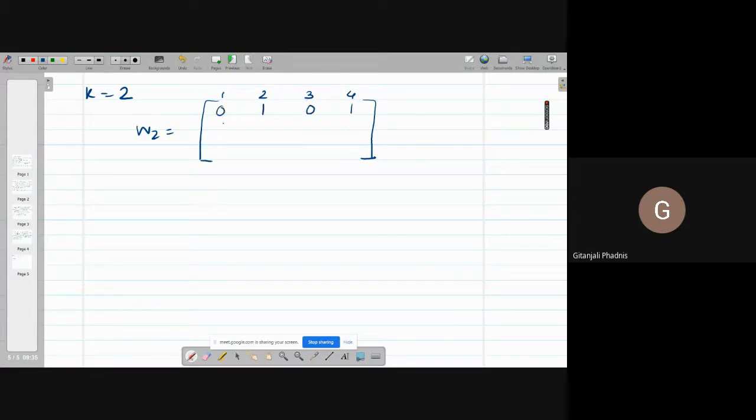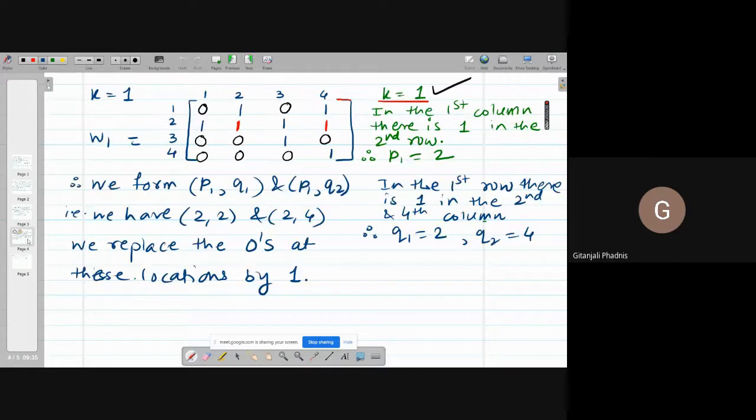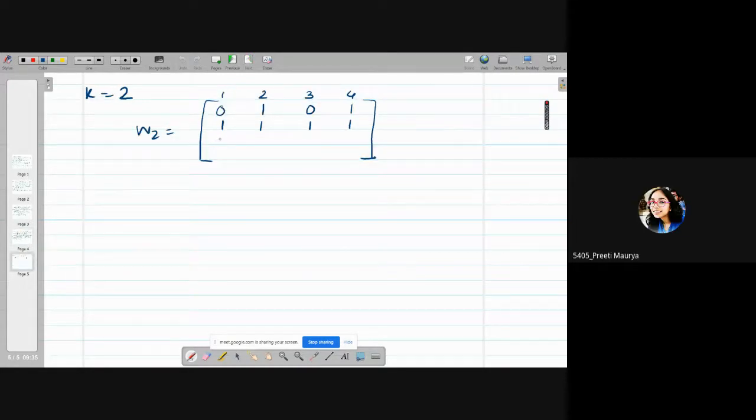This is 0. Now the whole row has become 1. Entire row has become 1s. Yes, ma'am. Then 0 0 1 0 and 0 0 0 1. I'm sorry, I should not write zeros. So I'm transferring all my ones from W1 to W2.